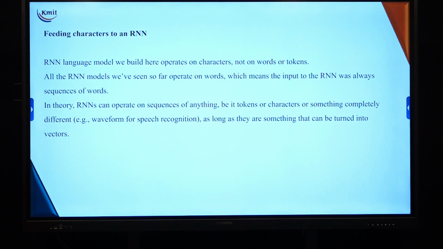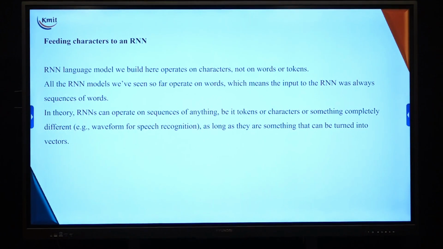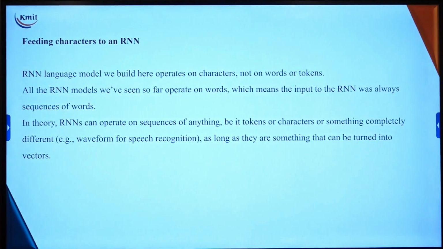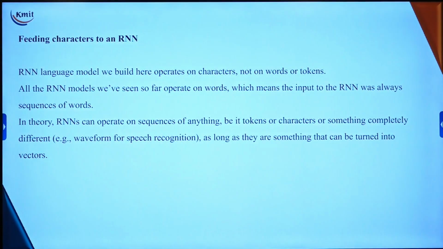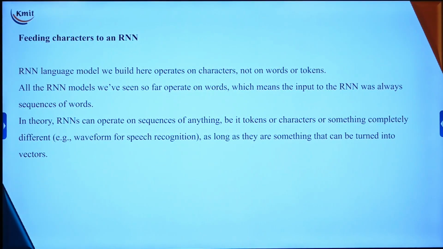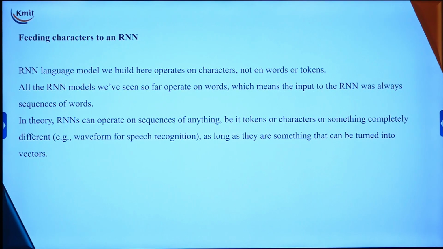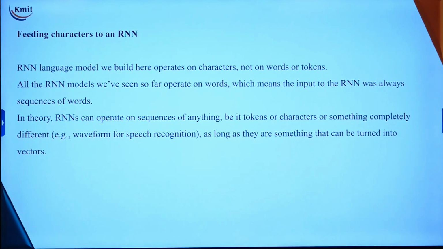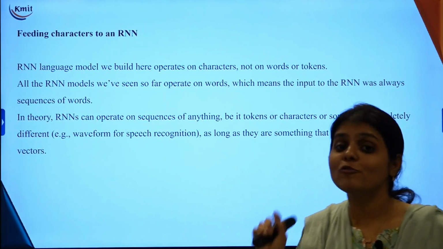All the RNN models that we have seen so far operated on words, which means the input was given as words or tokens. Theoretically, RNNs can operate on anything: tokens, words, sentences, and characters. In different forms, like speech recognition, audio or video processing, we may get waveforms also.